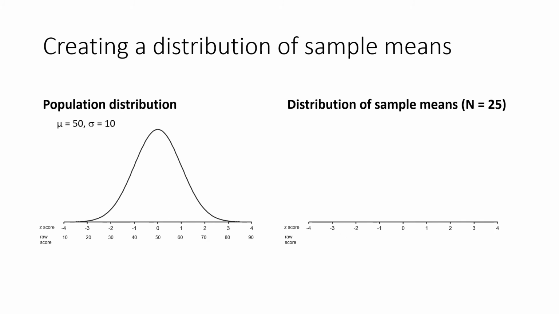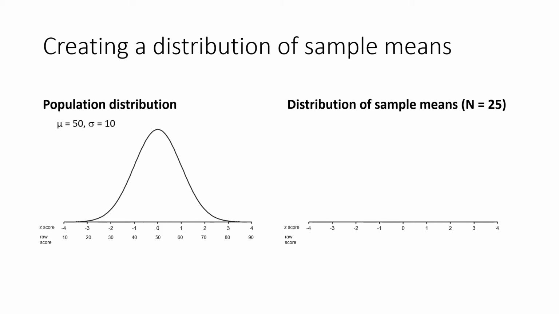So I'm going to walk you through what a distribution of sample means is and how you would compute it. You'll see that it would be very difficult to actually create a distribution of sample means. But luckily, at the end of this video, you're going to see that we don't actually have to build it because of something known as the Central Limit Theorem.